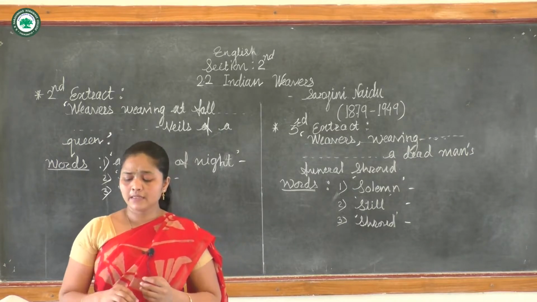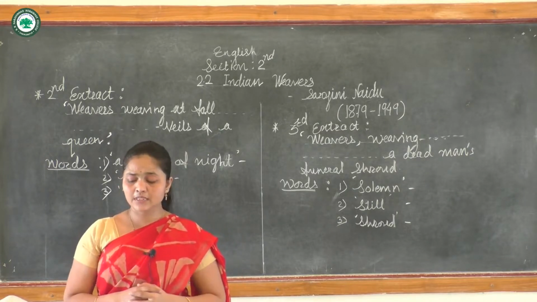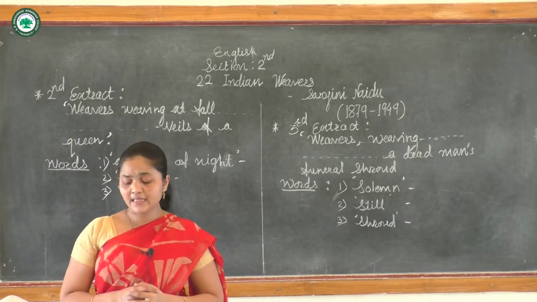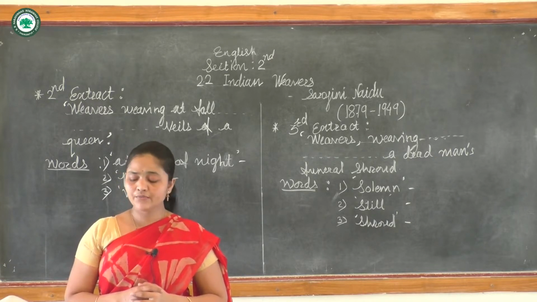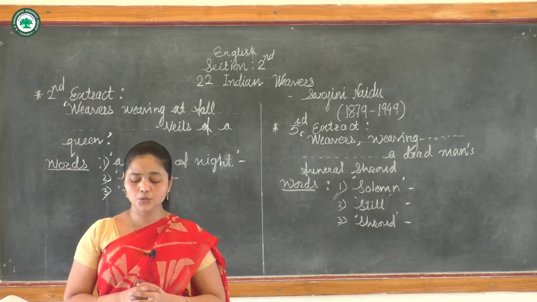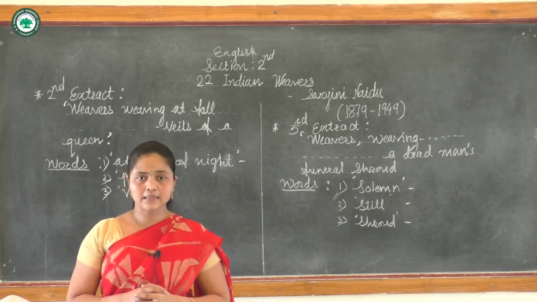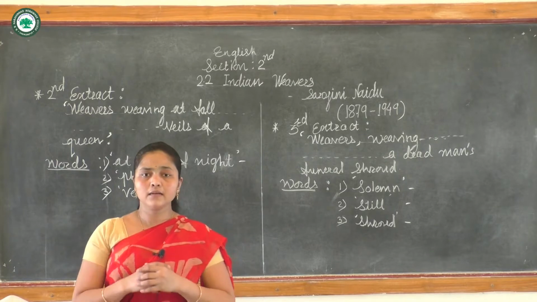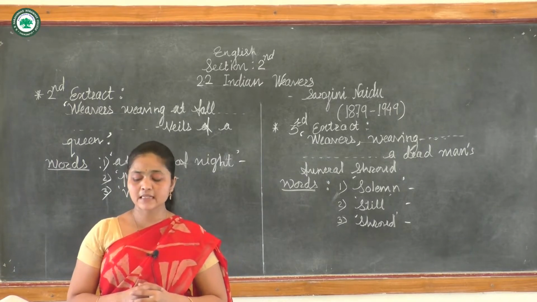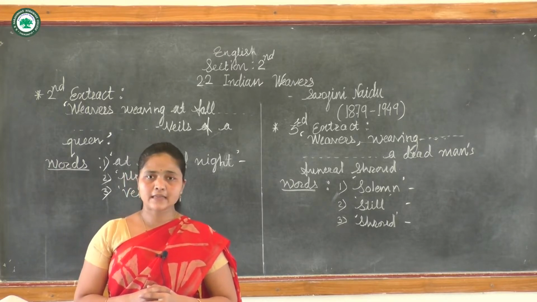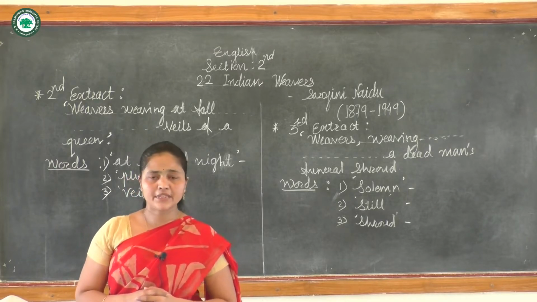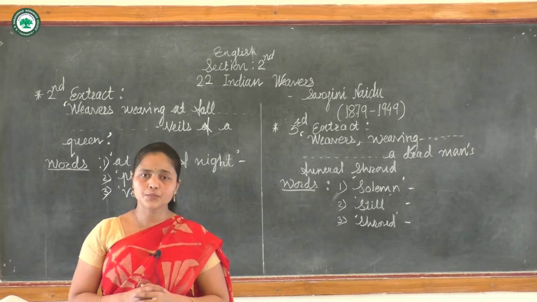We can say repetition in this way, because in every extract's first line there are the words weavers weaving, and in the last line of every extract we see these two words also repeated in the first, second and third extracts. So we can say that the figure of speech repetition is also used by the poet.